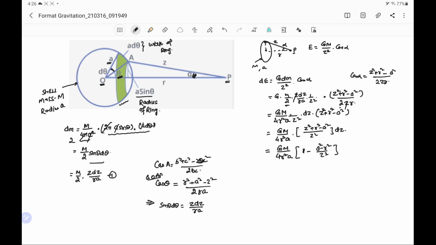We can write it as 1 minus a square minus r square by z square dz. Now to find the total gravitational field, we have to integrate it. In integration, constant terms are taken out, G m by 4 r square a, and the remaining is 1 minus a square minus r square by z square into dz.